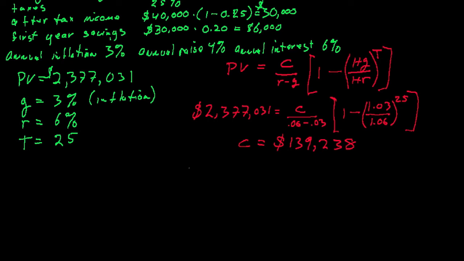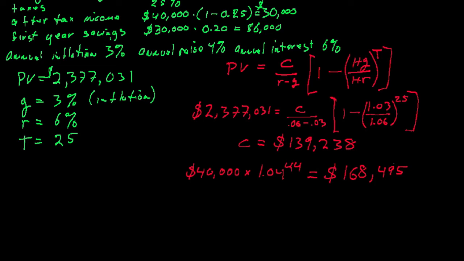How does that compare to what you earned the last year you work? Well, the first year you work, your income is $40,000. And for 44 years, you get a 4% raise. So in your 45th year, at the end of which you retire, your income is going to be $40,000 times 1.04 raised to the 44th power, which equals $168,495.